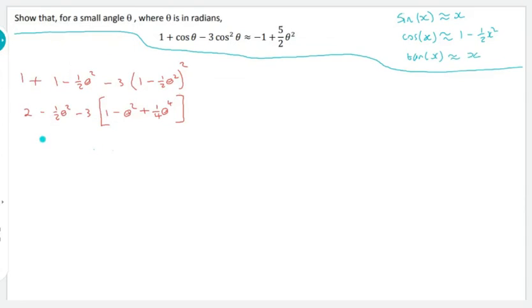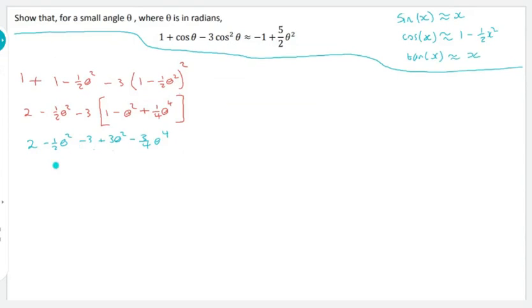Then we'd have 2 minus a half theta squared minus 3. Now expanding this bracket with the minus 3. So minus 3 times 1 is minus 3 plus 3 theta squared minus 3/4 theta to the power of 4.